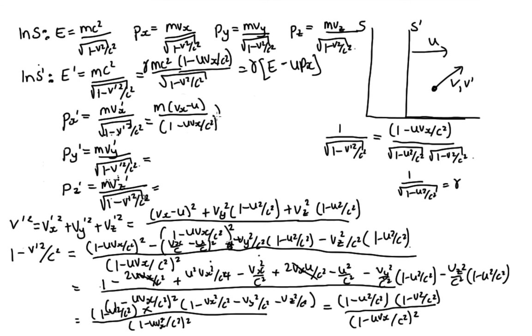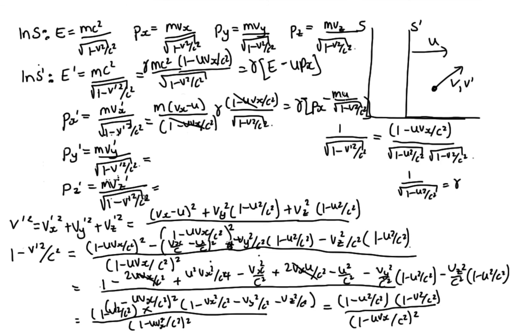So this is equal to the gamma, and then it's the 1 minus u vx on c squared over the square root of 1 minus v squared on c squared. So nicely this term and this term cancel out, and so we have gamma m vx over the square root of 1 minus v squared on c squared, which you can just see is equal to gamma times px, and then we've got the minus u m u over the square root of 1 minus v squared on c squared.